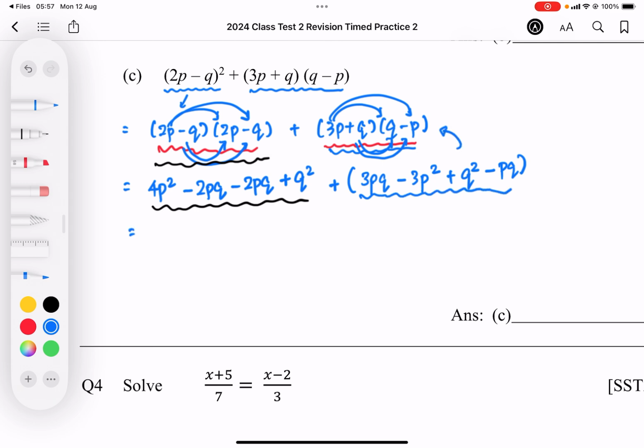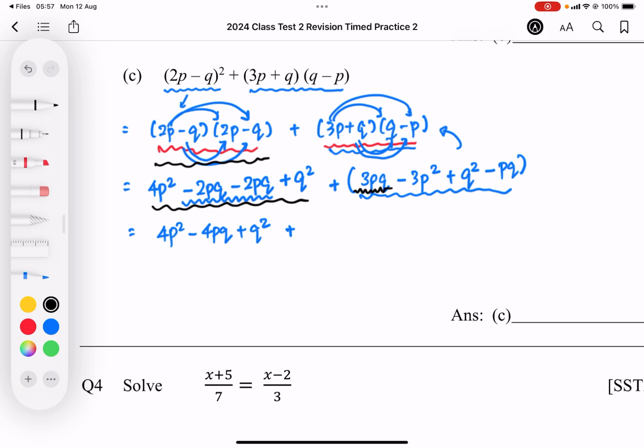Now, let's try to simplify the parts first. Here, we can simplify. We get 4p squared minus 4pq and then plus q squared. And here, because it is positive 1 times everything in the bracket, we can open up everything later. Let's see whether we can simplify anything first.